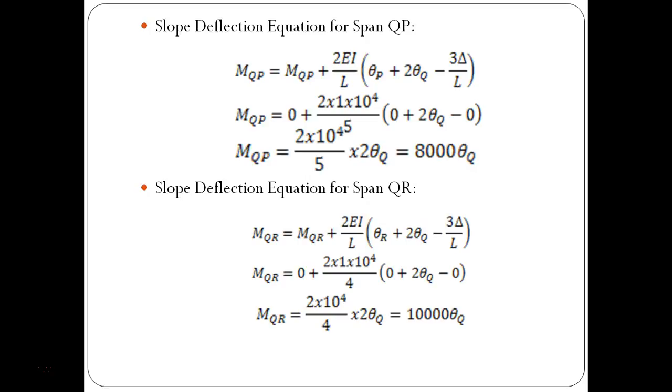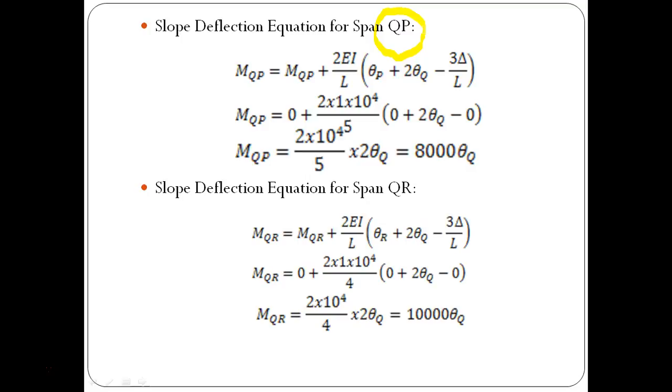So the slope deflection equation, if we consider the first one, that is QP: MQP equals FQP plus twice EI by L multiplied by theta P plus twice theta Q minus thrice delta by L is the formula for the slope deflection equation.